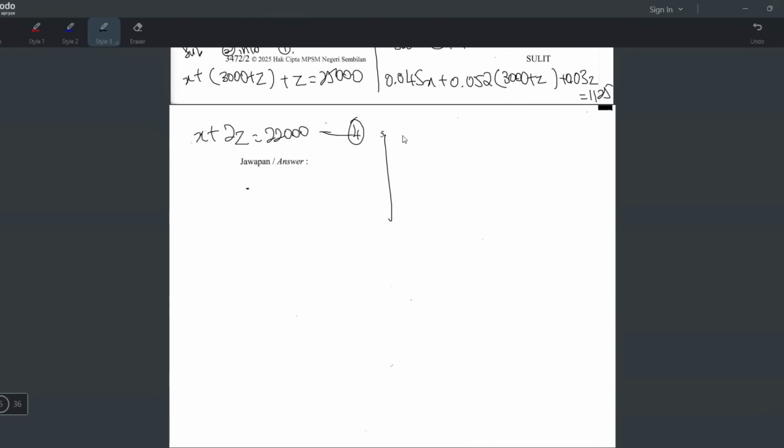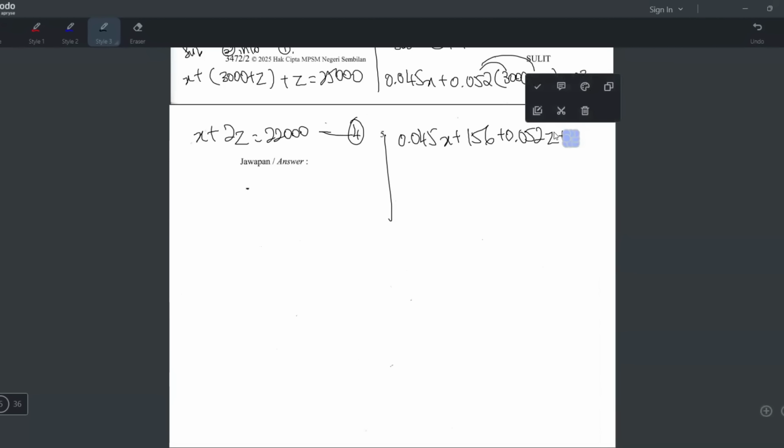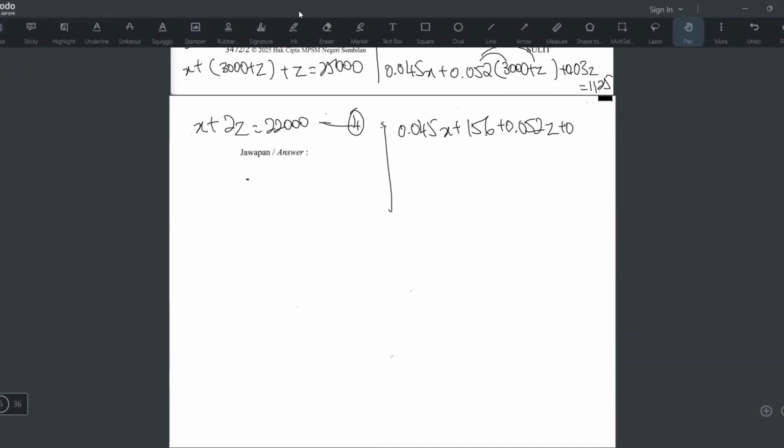And then for this, 0.045x plus, okay, this one you can expand, 0.052 times 3,000. All right, my calculator gives me 156, and then 0.052 times z is 0.052z. Yeah, you multiply like this, and then plus 0.03z equals 1125.